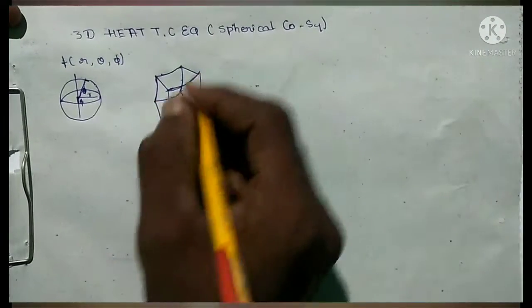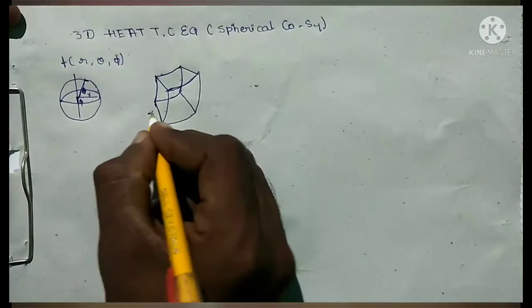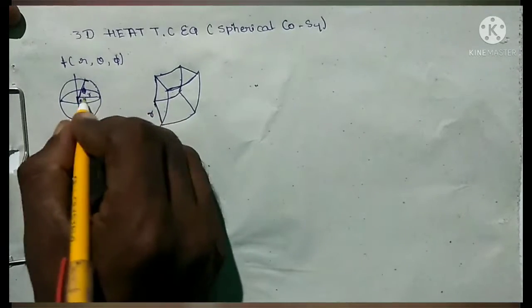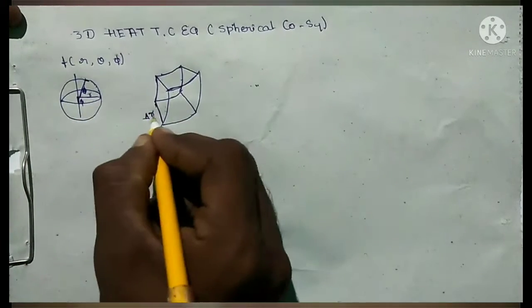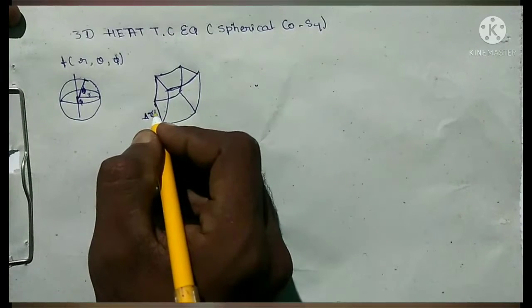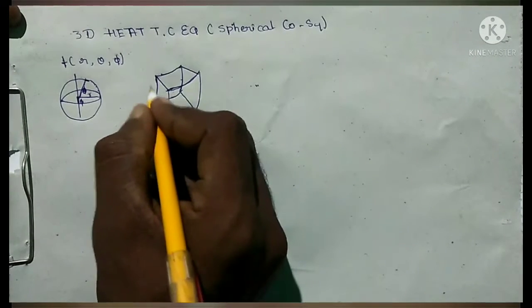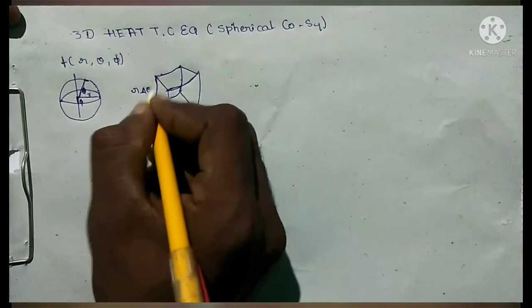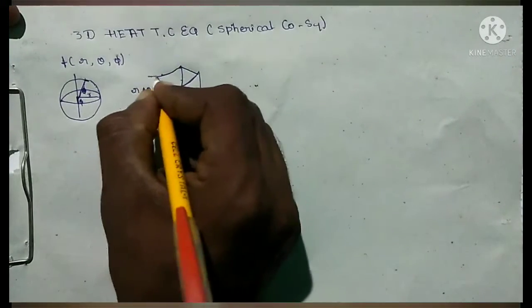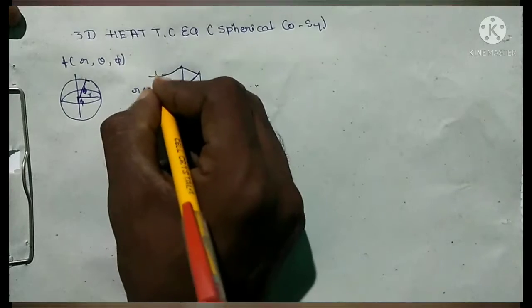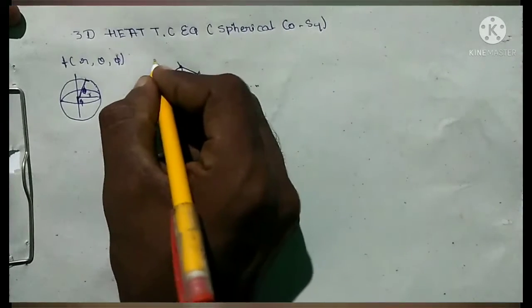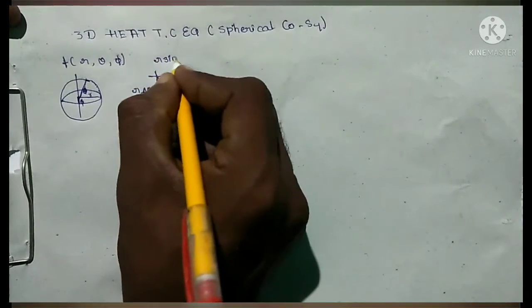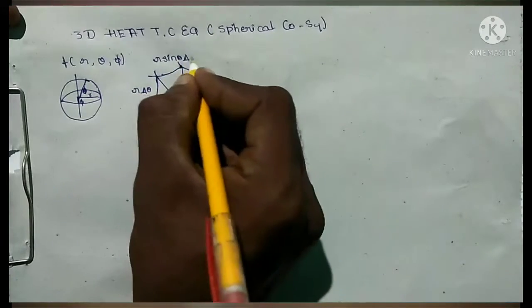This is the radius that I am going to consider, and for the element it will be delta r. This will be the angle and it will be r into delta theta. This is the vertical, and this is r into delta theta. Now this distance will be r sine theta delta phi.